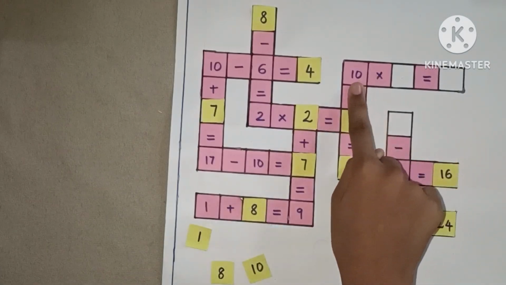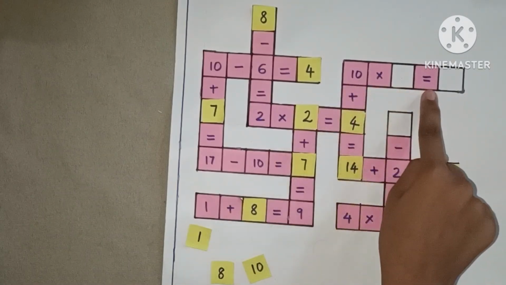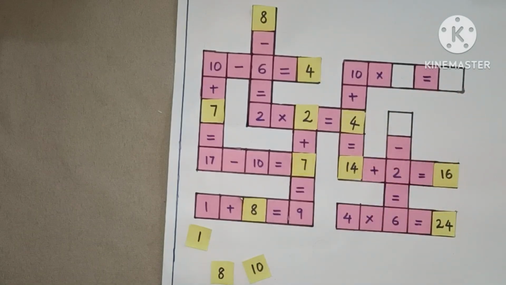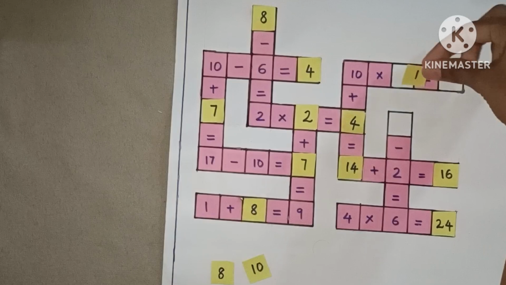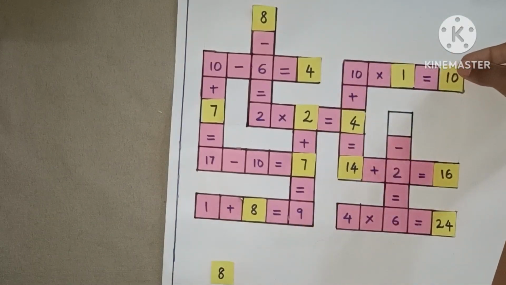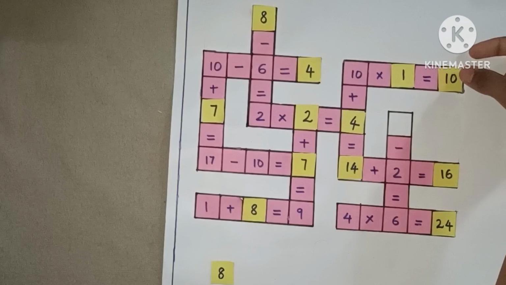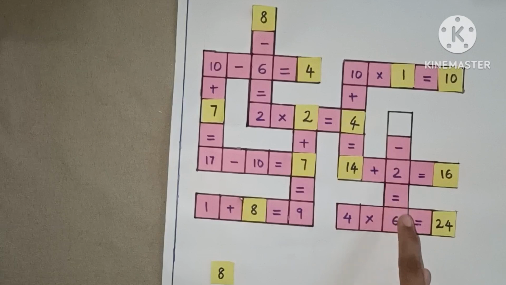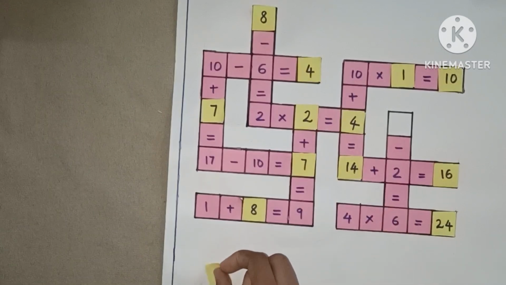Then we can think which numbers are suitable for this place. 10 into dash equal to dash. It's 1 and 10. So 10 into 1 equal to 10. Then dash minus 2 equal to 6. It's 8.